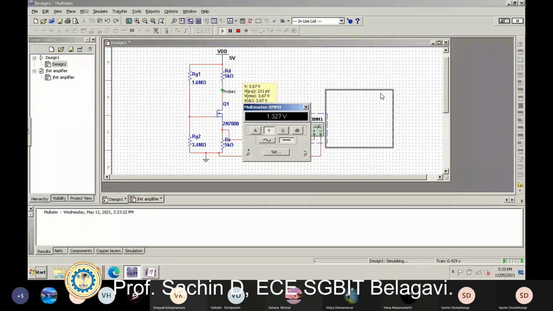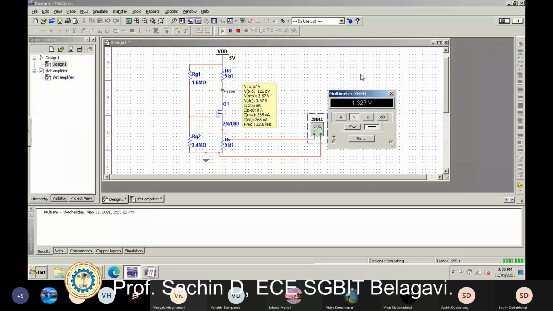How much are you reading on the multimeter? It is 0.327. That is your source voltage. I have connected this multimeter to the source voltage VS.